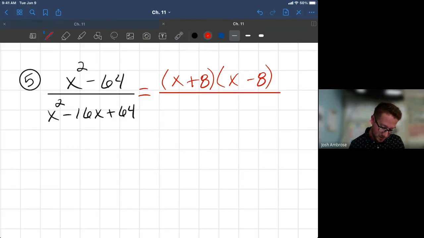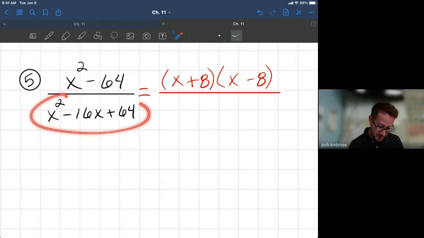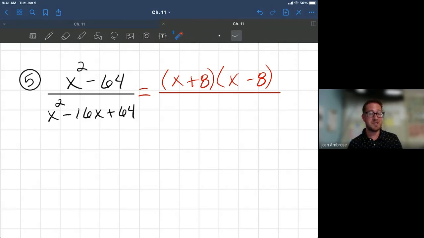Now let's take a look at our trinomial. This, by the way, guys, is another perfect square, but it's a perfect square trinomial. Let's check it out. X squared, it's perfect. 64, it's perfect. And a plus sign right there.